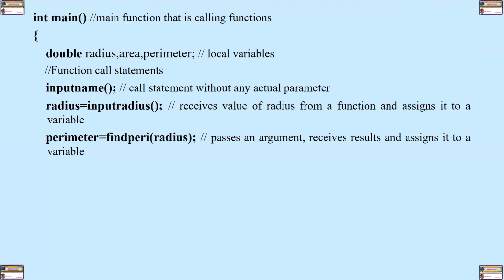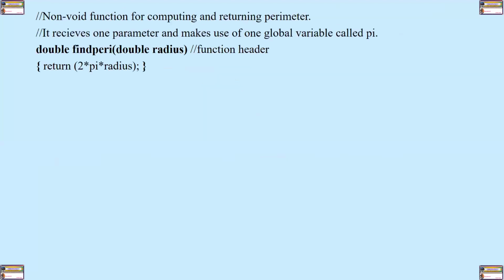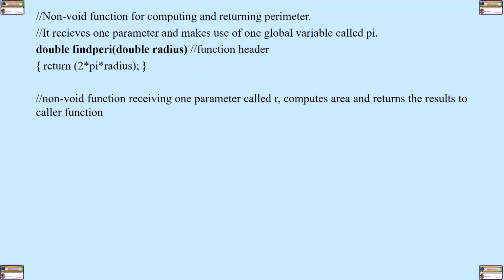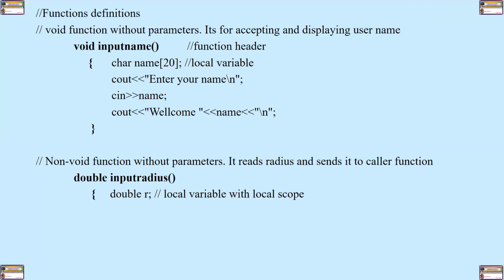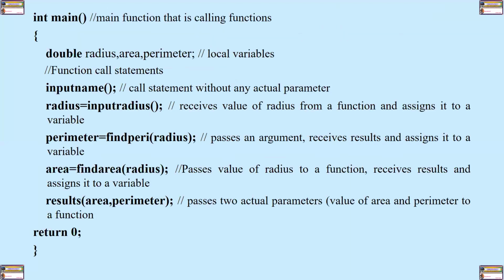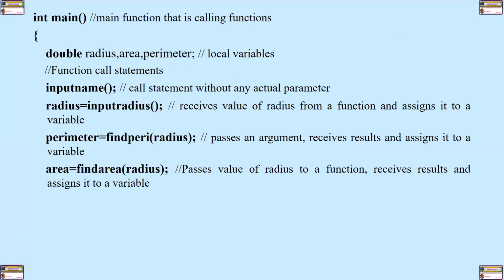Then after the main, it will go to that function called find perimeter and perform the activities there. Then return the value back to the caller here. And that value will be stored in the memory location called perimeter. And that function will be done. Then the control will be taken to the next statement.